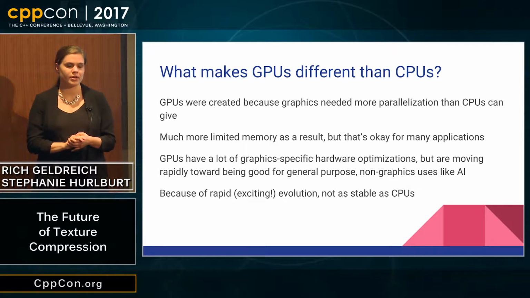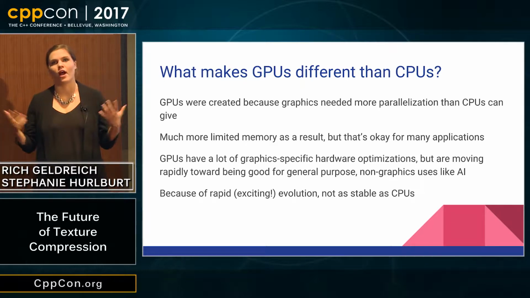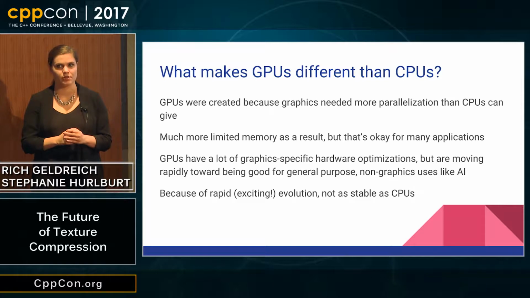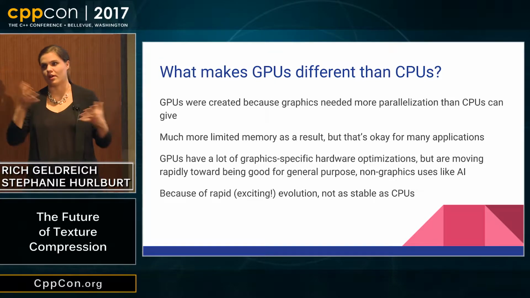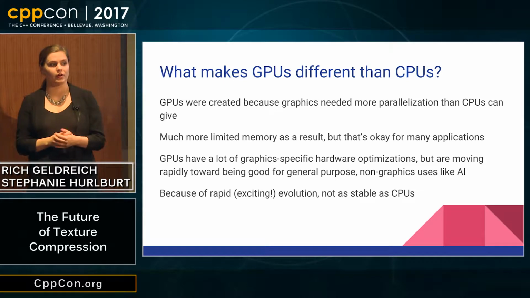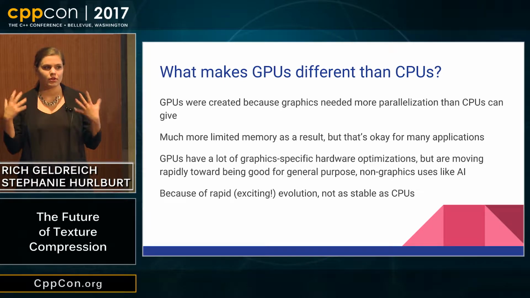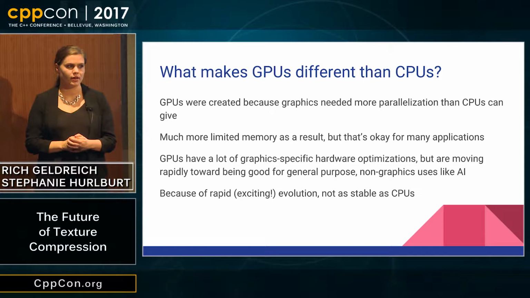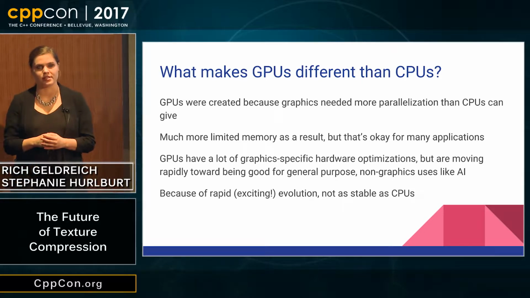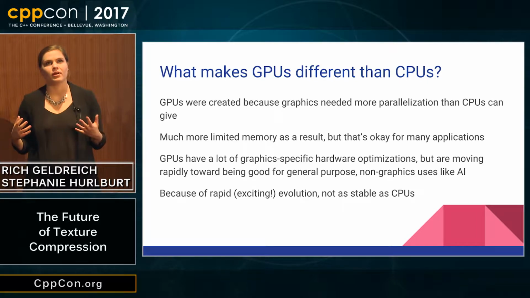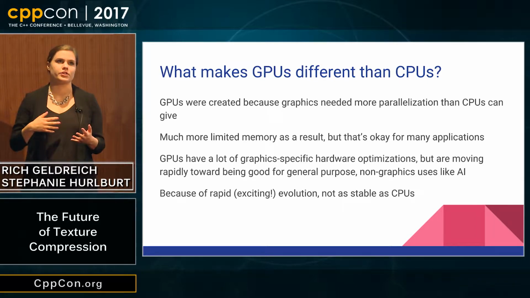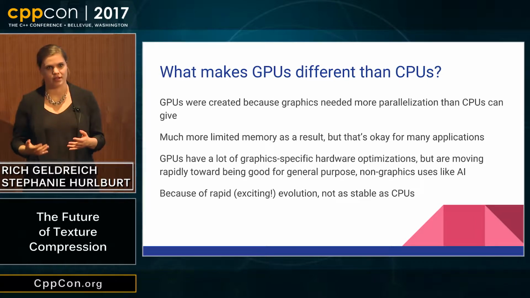They were created because graphics requires a lot of parallelization, and you really don't need a lot of memory for a lot of the standard rendering going on. So graphics processing units were created. They have more limited memory, but it's okay for a lot of applications. And the really exciting part is that now a lot of interest has been spawned in compute and general purpose GPU programming, which is awesome.